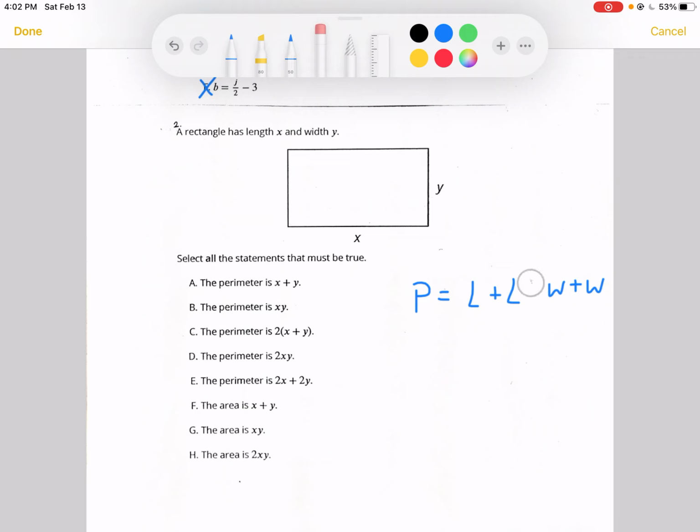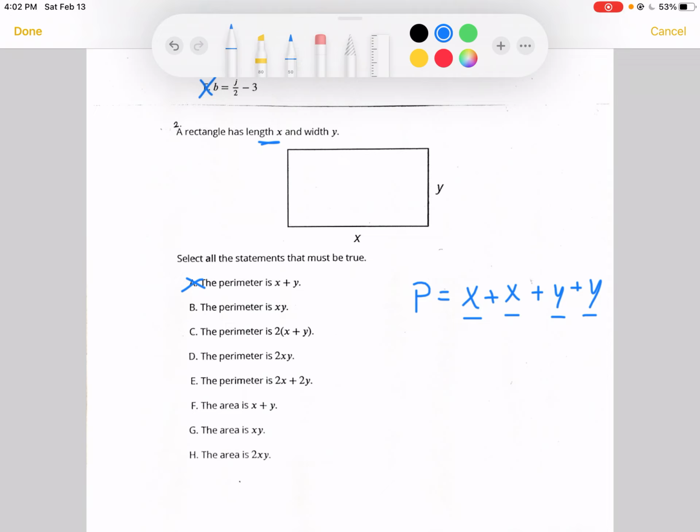If we want to do this more easily, let's use the variables they use here: x and y for length and width. So let's start working through some of these. A, perimeter is x plus y. Well, we've got to have two x's and two y's to get the perimeter, so A is out.